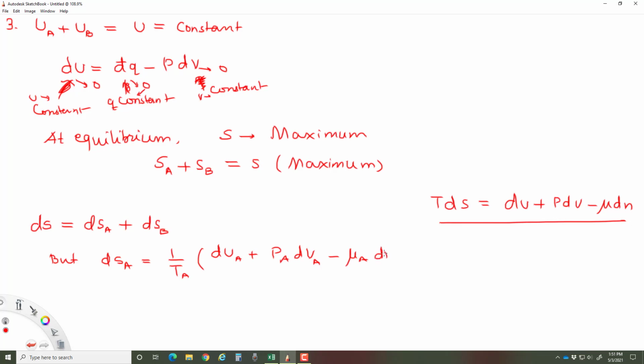And then for B, the change in entropy by an infinitesimally small amount would be 1 over TB, dUB plus PB dVB minus mu B dNB.